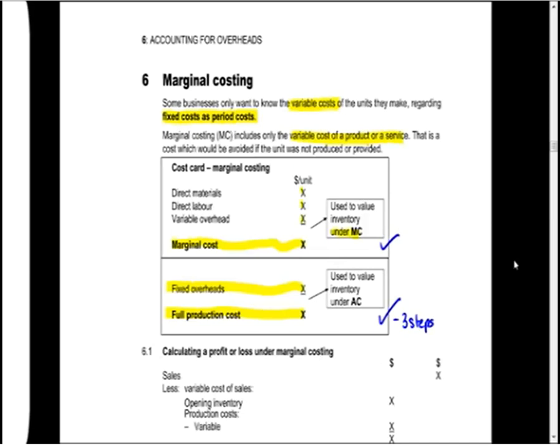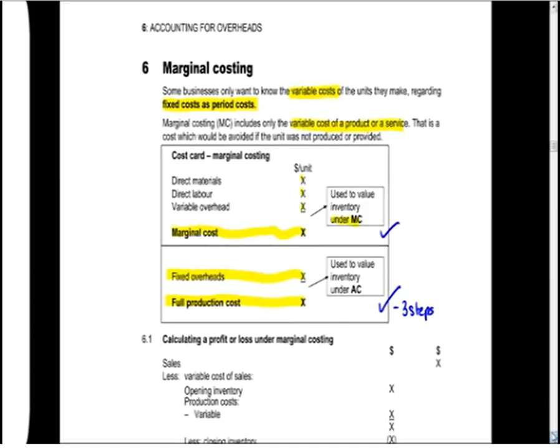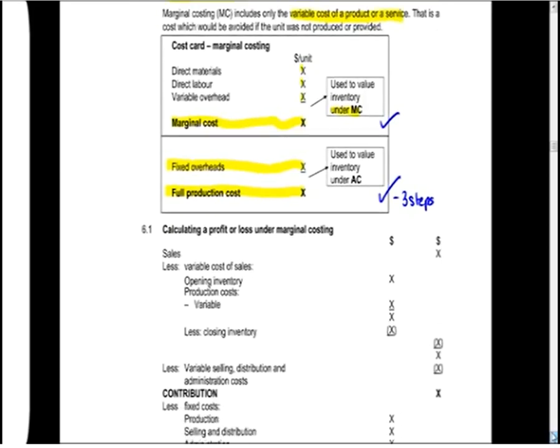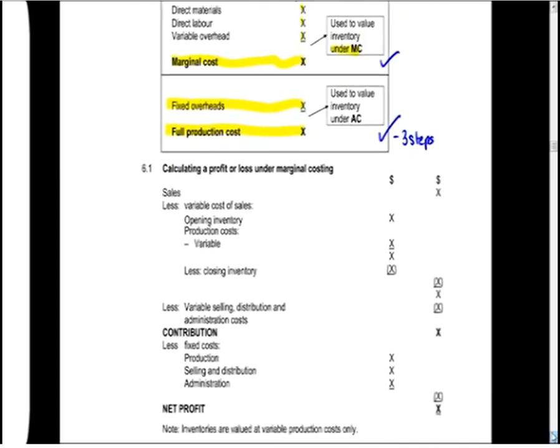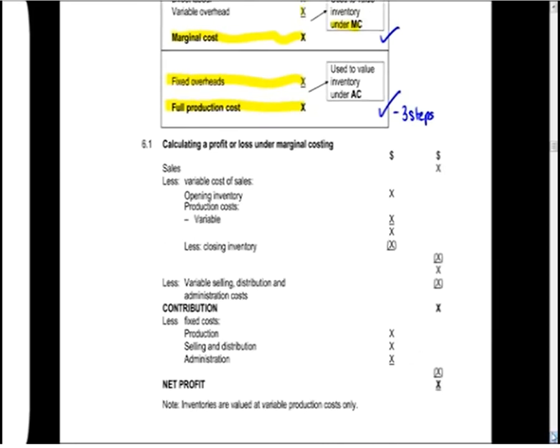So we now need to think about calculating a profit or a loss under both of these techniques. What you'll see here then in 6.1 is the pro forma for a marginal costing profit and loss statement.